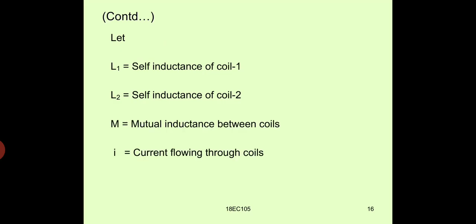Then LSA is a notation we have added here because there is some mutual inductance factor, whereas LS is only for the series combination we have just discussed. So LSA is the total inductance of the series combination with some mutual inductance between the two coils.